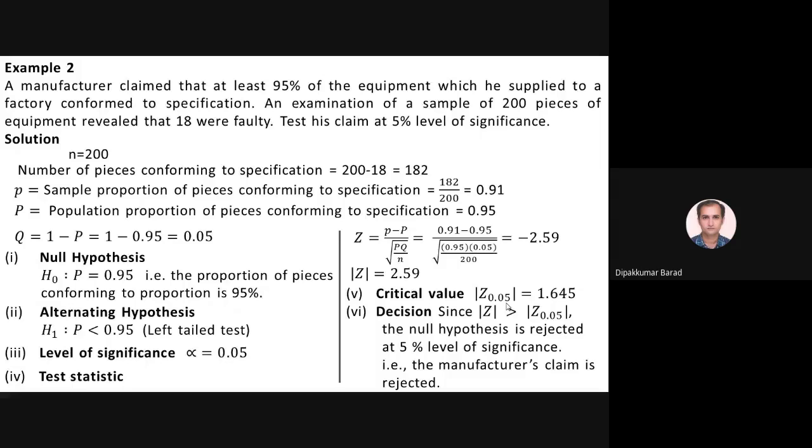Is it clear for everyone? So what we have done: we started with the sample n equal to 200, which is a large sample. Then we found the number of conforming pieces, since 18 are faulty, so 182 out of 200.